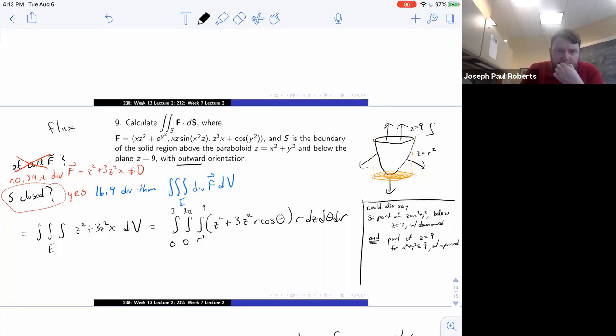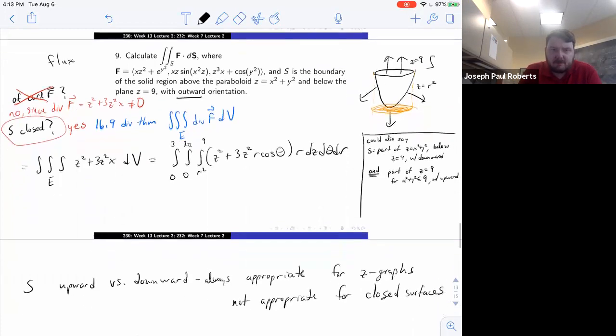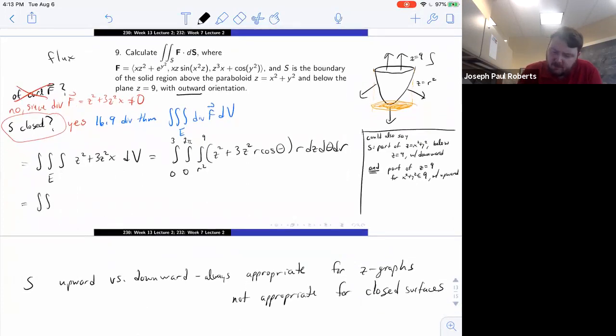Okay. So my z antiderivative is z cubed over 3 plus z cubed r cosine theta r, d theta dr, z equals r squared to z equals 9.